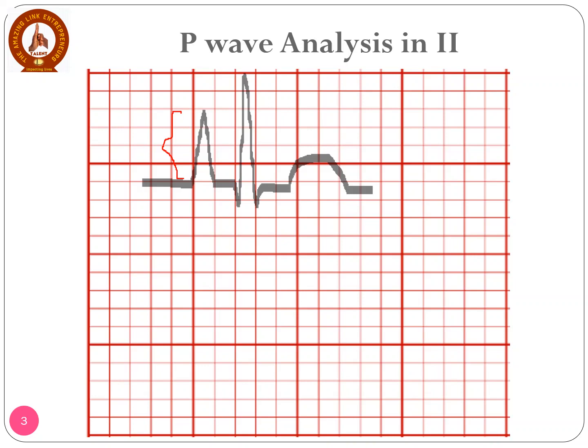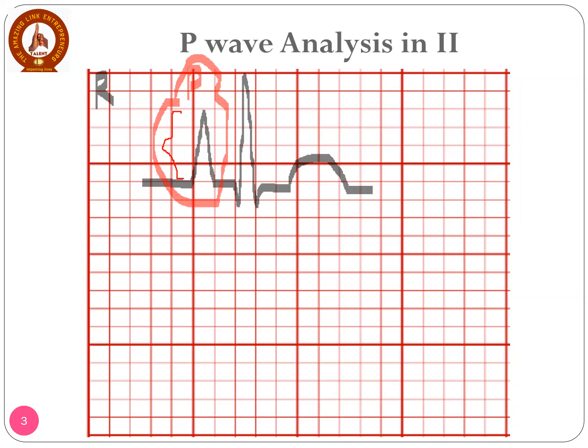So we have assessed the P wave here. The duration is normal, but the shape is peaked and the amplitude is increased. That signifies right atrial abnormality.